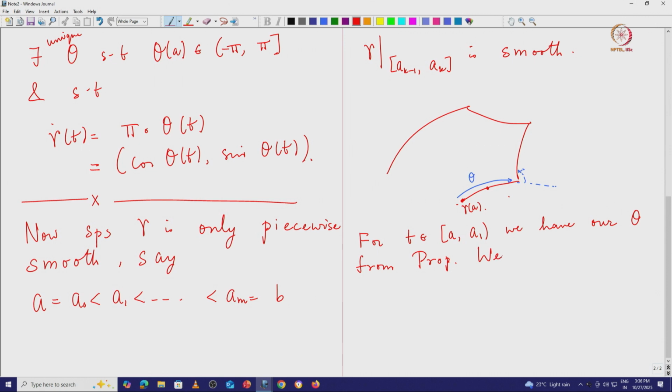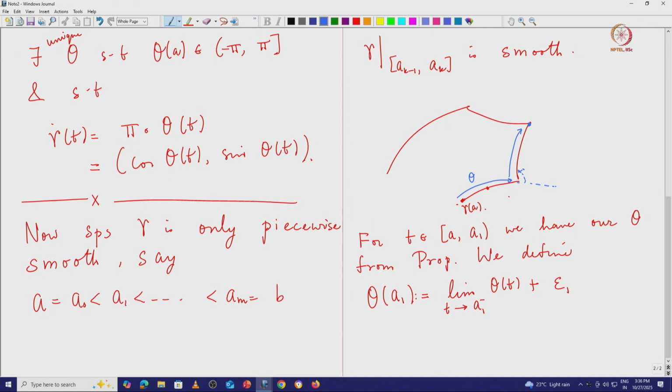Then we define theta of A1 to be the limit as t approaches A1 from the left of theta of t, but then you want to add in the external angle at this point. Okay, and then you take this as the new initial condition, apply the proposition, and have a theta that works all the way up to the next non-smooth point and so on.